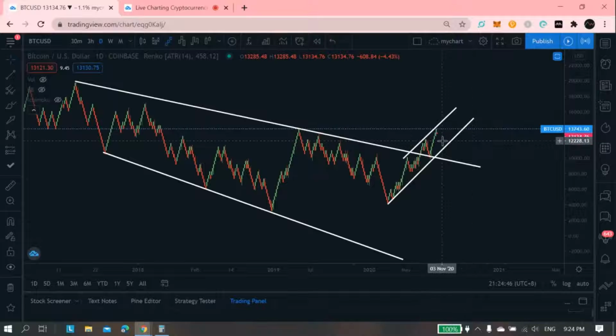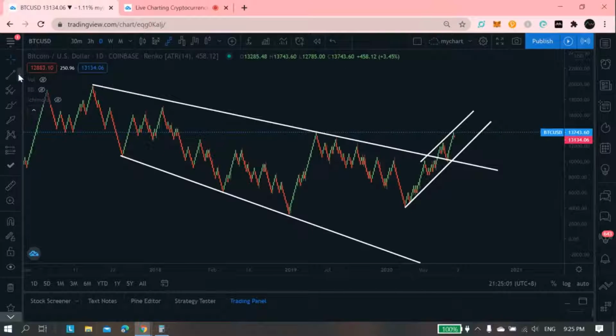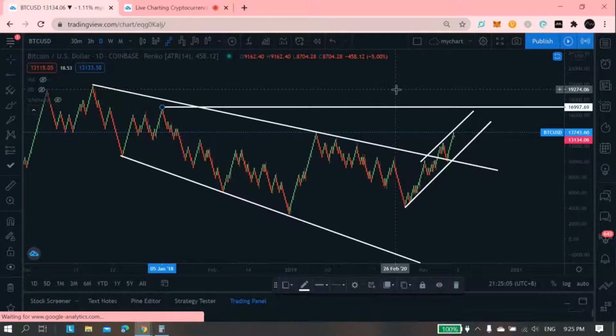So as I mentioned, using this candlestick, the resistance I'm looking at is at this area around 13,780, if I'm not mistaken, a while ago. And then the next resistance is I think 16,000 using the candle.